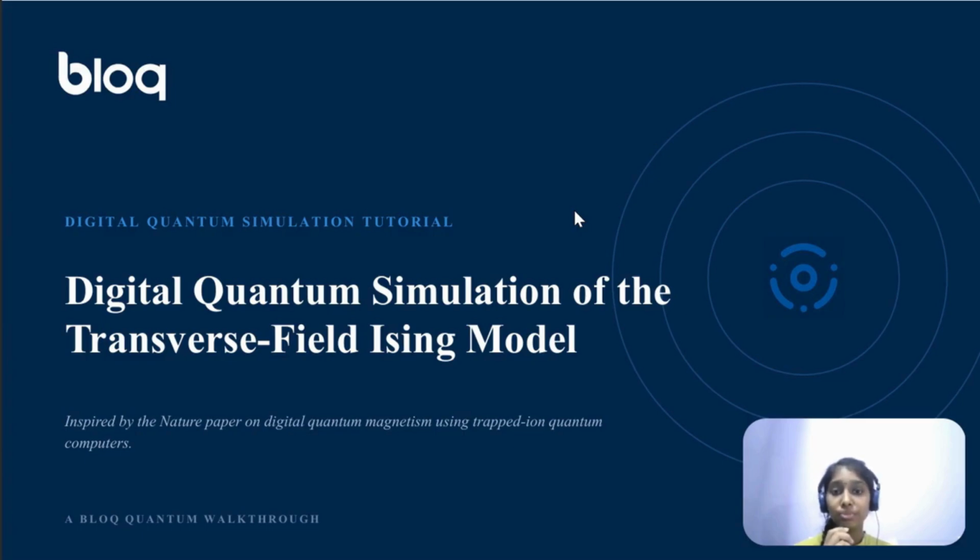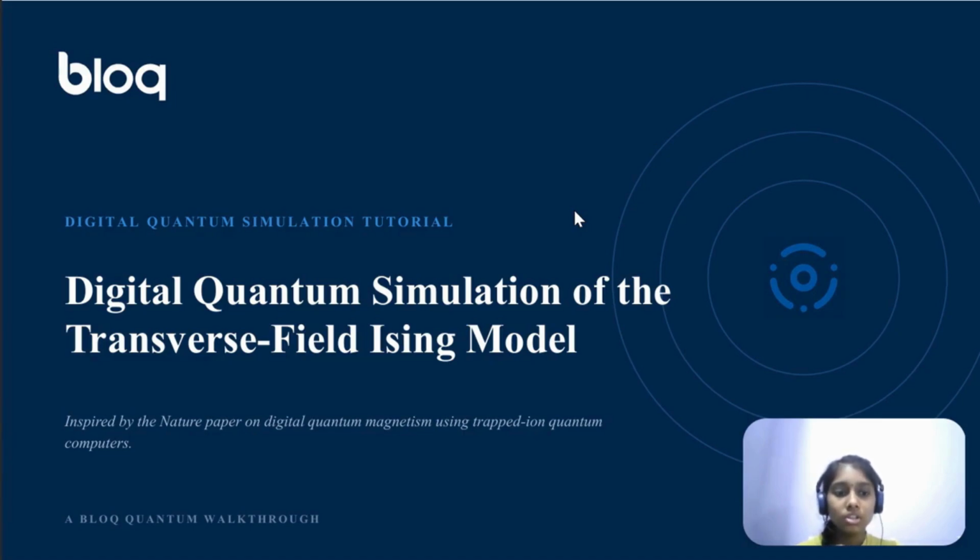Today we are going to explore one of the most exciting applications of quantum computing, which is digital quantum simulation. Our implementation is inspired by the Nature paper, digital quantum magnetism on a trapped-ion quantum computer. While that work used a programmable quantum processor with 56 trapped-ion qubits to study complex quantum dynamics, today we'll just focus on the core idea behind it.